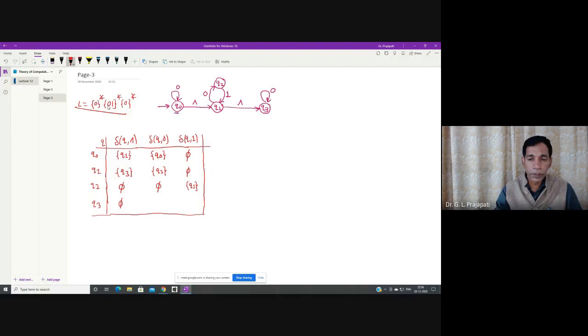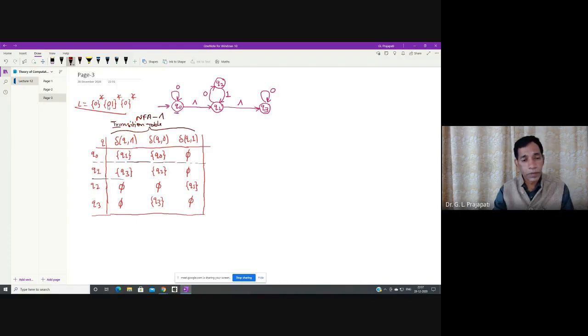You are at Q3 and the input is 0, you are going to Q3 itself. If you are at Q3 and the input is 1, this is the empty state. So this is the transition table of the NFA-null. This is the way, just like in other cases, you have the transition table of the NFA-null.